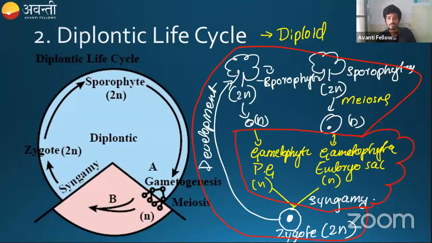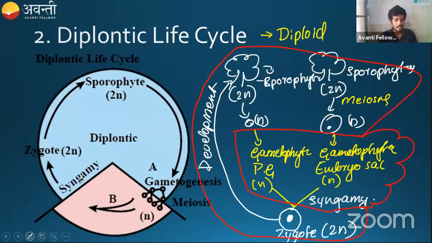The gametophytic phase is restricted to a very tiny bit, either the pollen grain or the embryo sac. That's why we call them diplontic life cycle organisms, or diploid organisms. The gametophyte phase will be restricted to one or two cells or multiple cells.